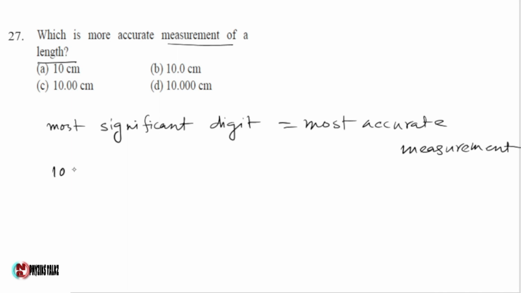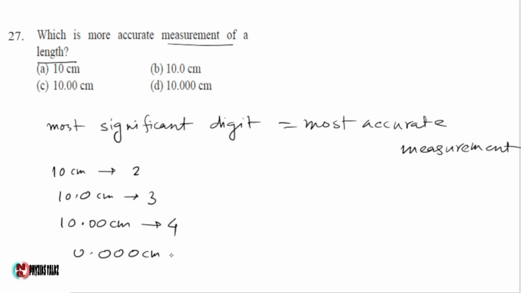Here 10 cm has 2 significant digits, 10.0 cm has 3 significant digits, 10.00 cm has 4 significant digits, 10.000 cm has 5 significant digits. So option D is the more accurate.